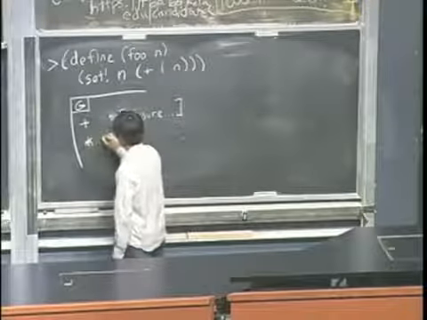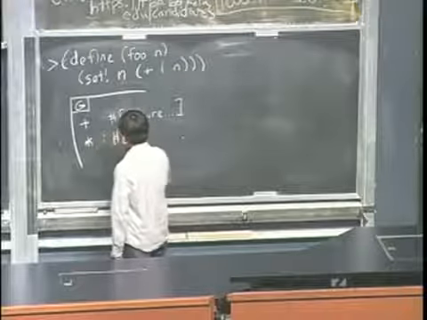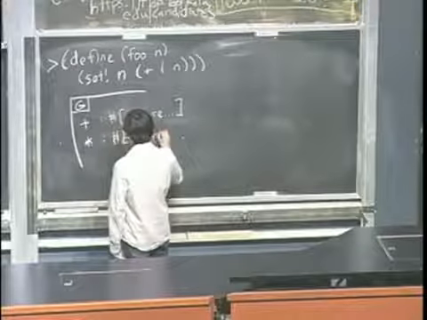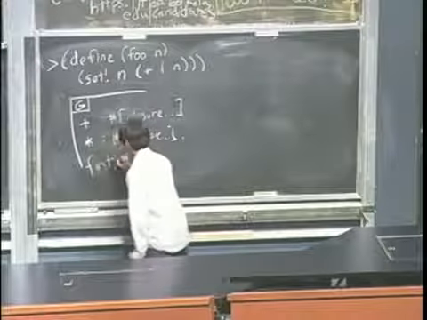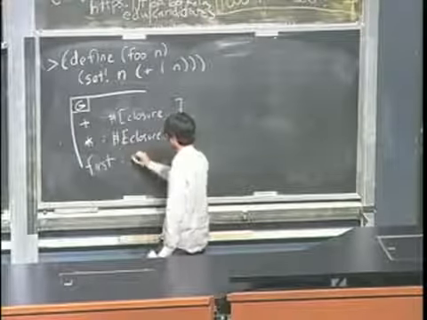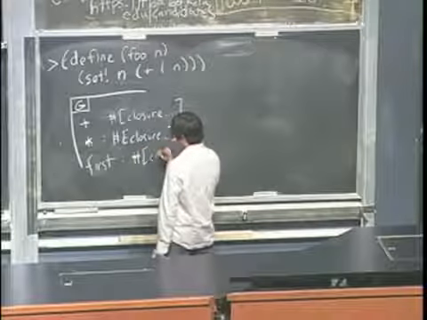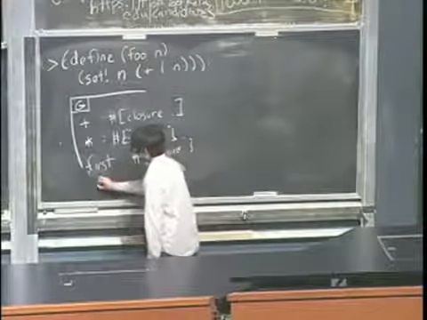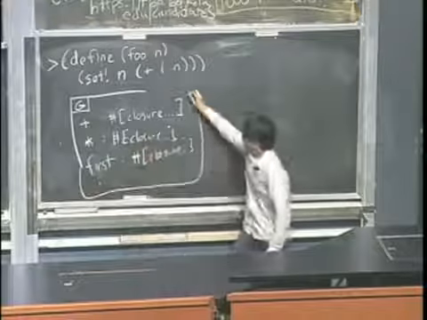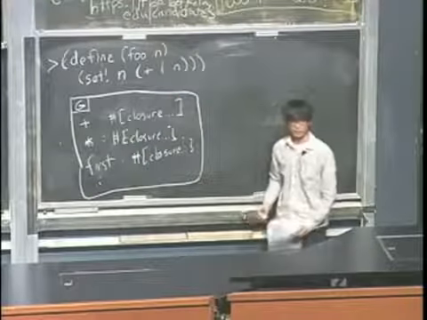We have multiplication already bound to its own procedure. We have first bound to its own procedure, and so on and so forth for every single primitive that you can think of in STK.